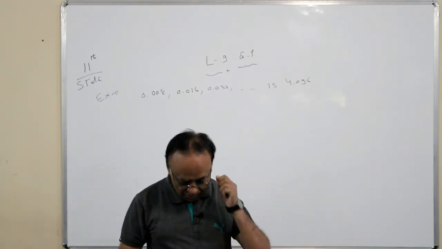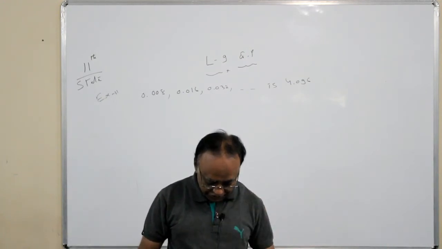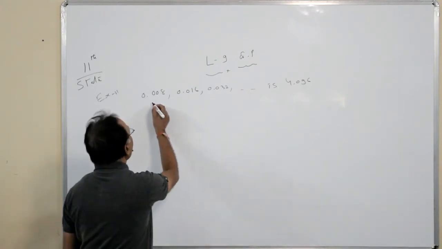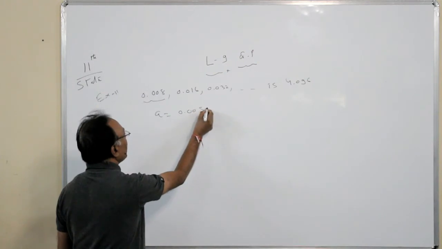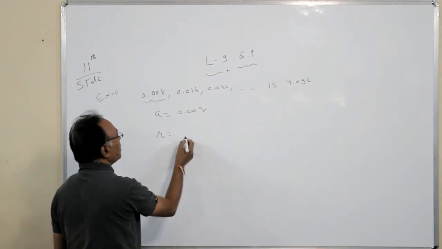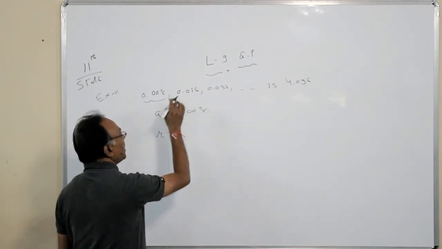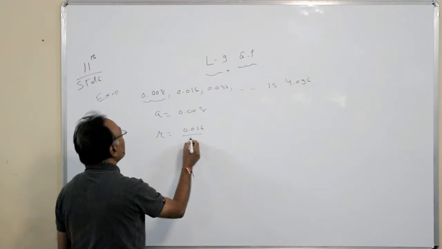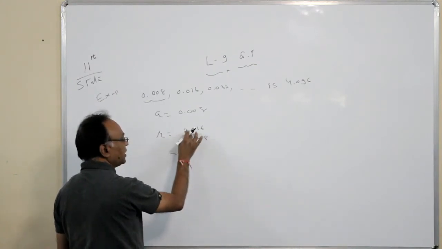Now, the first term here is given, 0.008. So A is equal to 0.008. R is equal to the second term divided by the first term, or the third term divided by the second term. So 0.016 divided by 0.008.